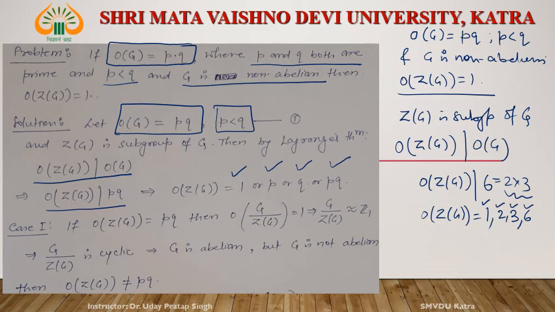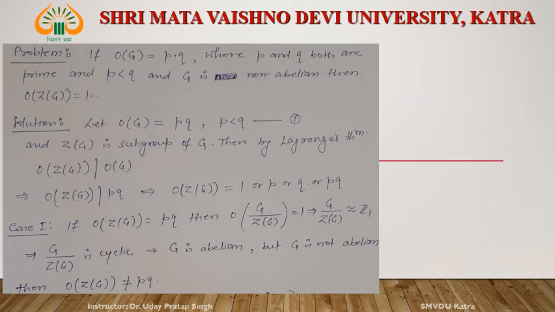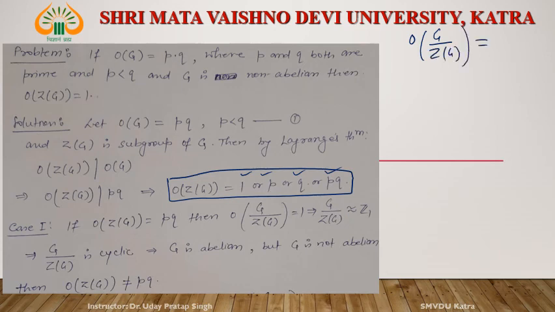Let us consider the first case: the order of Z(G) is pq. Then the order of G by Z(G) is the order of G divided by the order of Z(G), that is pq by pq, which is 1.